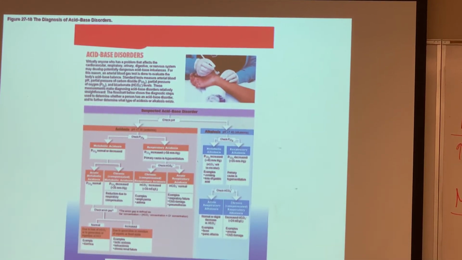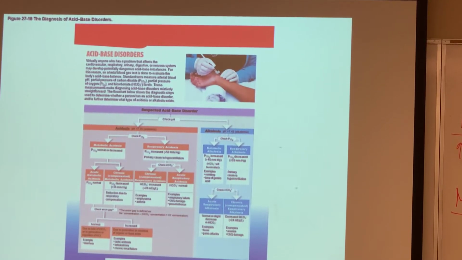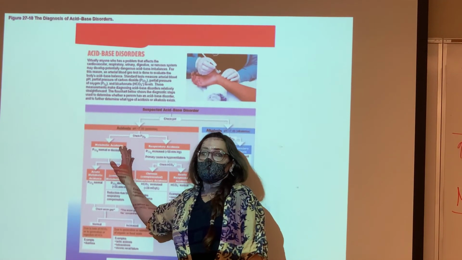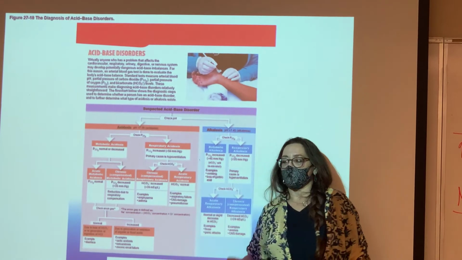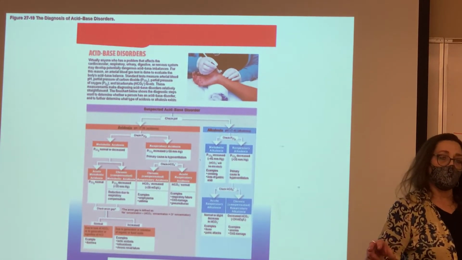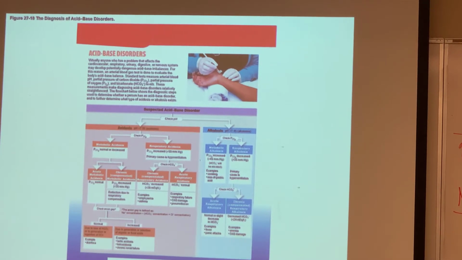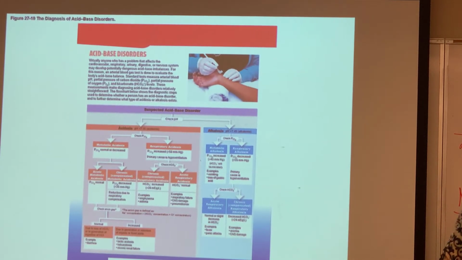Quick and easy thing to do, just check their blood pH. If it's below 7.35, they're in an acidotic state. If it's above 7.45, you know they're in an alkalotic state. Let's say they're in an acidotic state. So now you need to figure out, is it metabolic or is it respiratory or is it a combination? Next thing that you can do that's quick and easy, relatively, is draw blood gases, right? Check what their CO2 levels are.